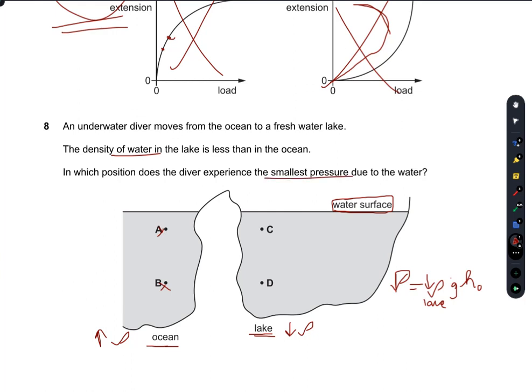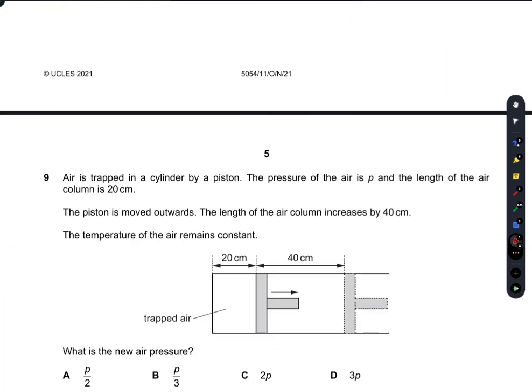Then we have rho g and change in height. In D, you can see that there is a greater change in height, whereas in C there is a very low height change. So I would go with C because C has the lowest height. g is constant and rho is lowest, that means lowest pressure. So C is the right option.